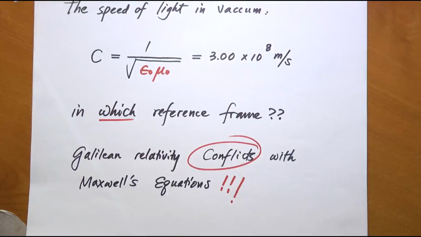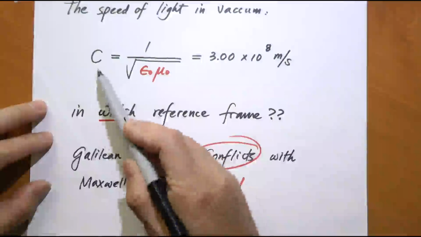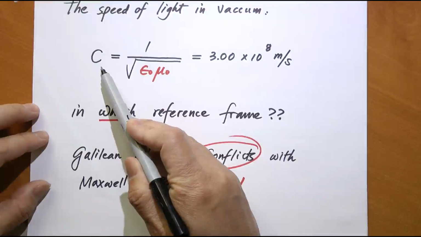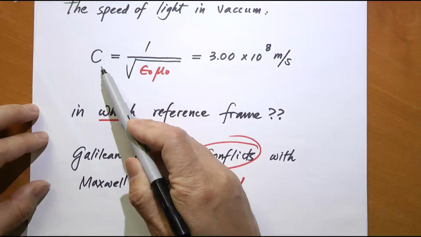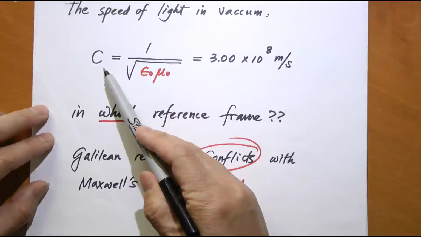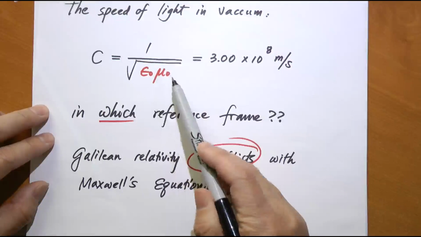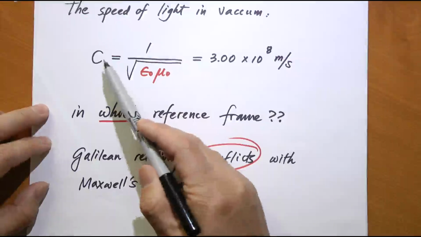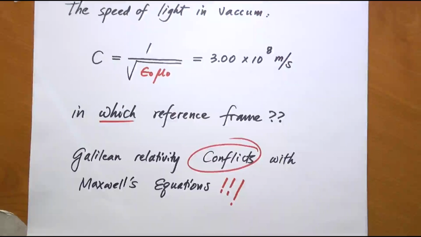But if you think a little bit deeper about this, again, this speed is unlike any other speed. It's not like the speed of sound in water and the speed of sound in air, which is different, and so on. This speed depends on a pair of fundamental constants, so it itself is also a fundamental constant. But we know, on the other hand, according to Galilean relativity, speeds are not independent of reference frames.